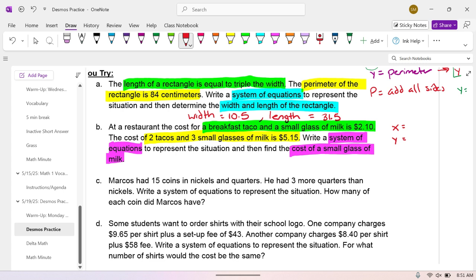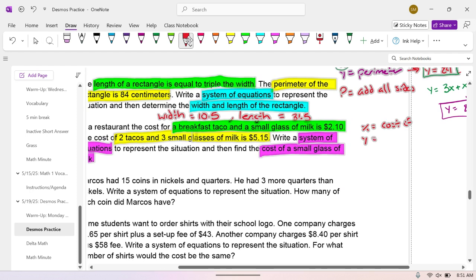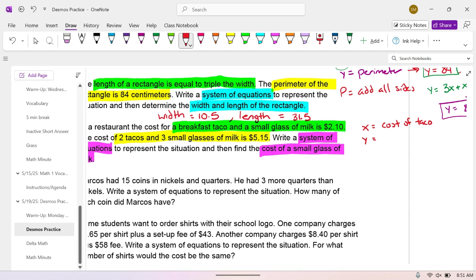Are they talking about the number of them, or their cost? Their cost. So let's say X is the cost of a taco. What does Y have to be? What about the milk? They only care about the cost of the milk.